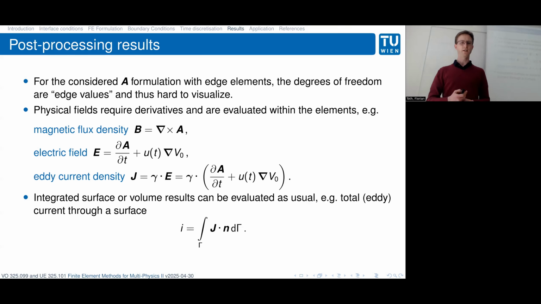You have the eddy current density that comes from the electric field multiplied by the conductivity. And you have integrated results like total currents, which are current densities integrated over a boundary gamma, for example.